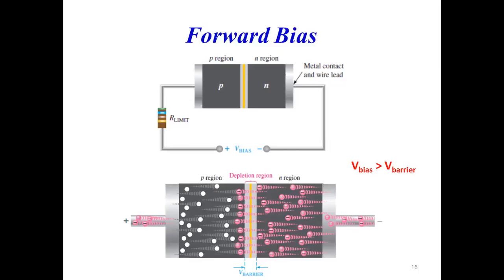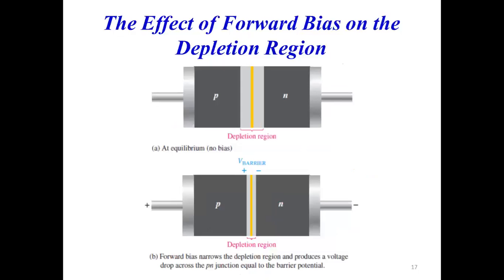Okay, now let us see how to reverse bias a diode. Before going to reverse biasing, let us see what is the effect of forward biasing on the depletion region. Students, as I am forward biasing this particular diode, what will happen? The holes from the P region will be pushed into the N region, and the electrons from the N region will be pushed to the P region.